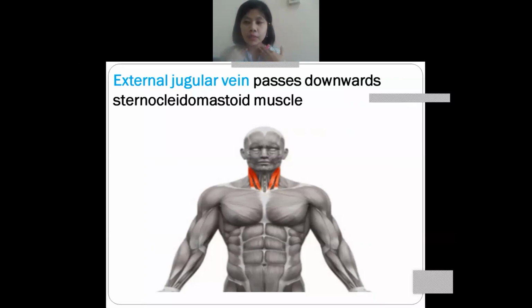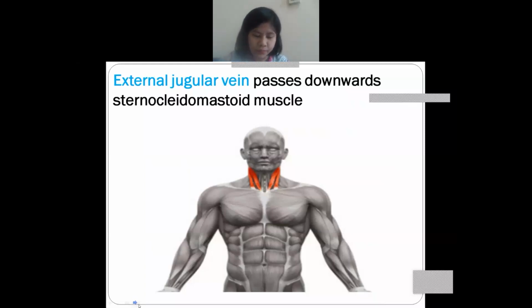The name of the muscle is sternocleidomastoid muscle. So the external jugular vein passes over the sternocleidomastoid muscle. Clear now?